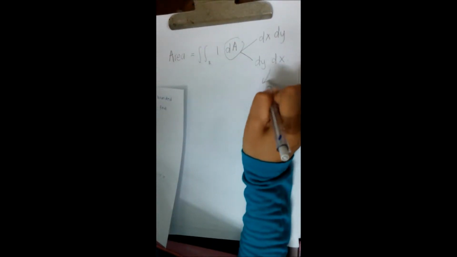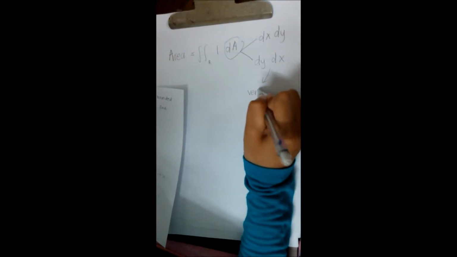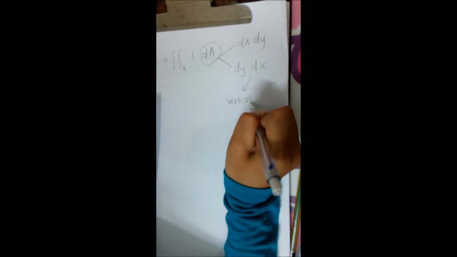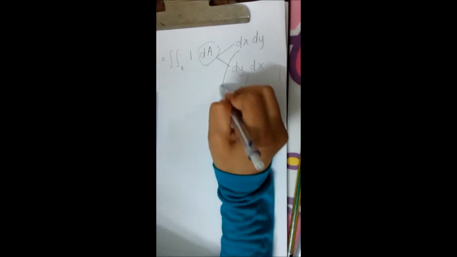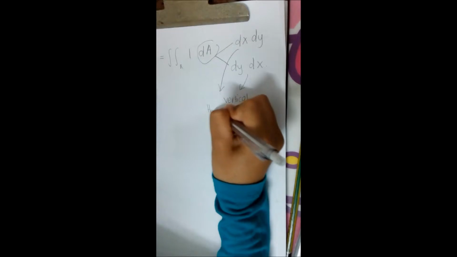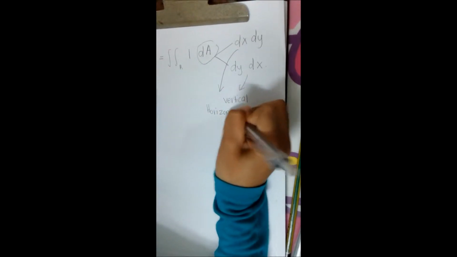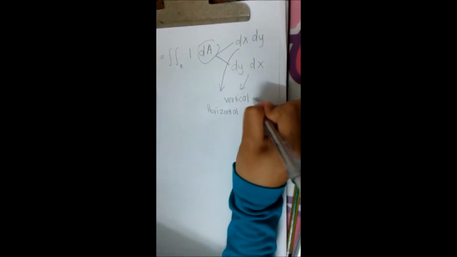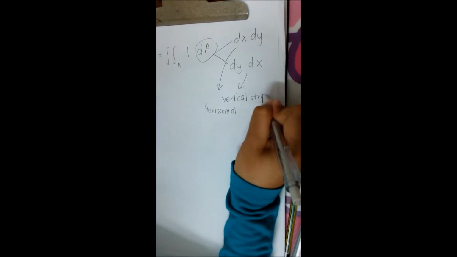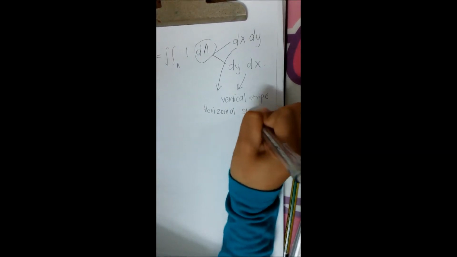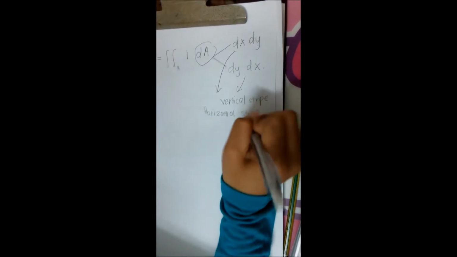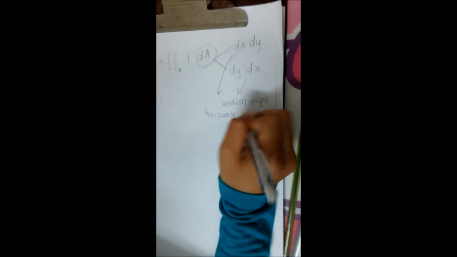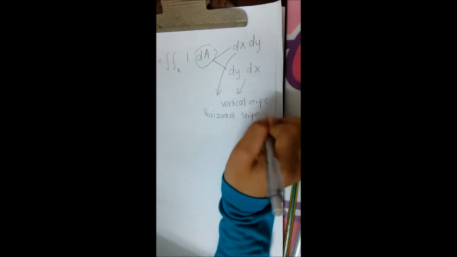Here will be a vertical stripe, and here will be a horizontal stripe. We can choose either of the two, because it will give you the same answer.